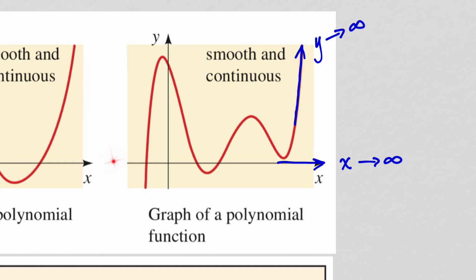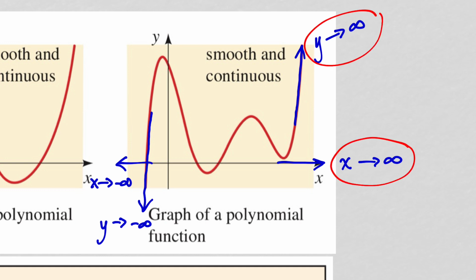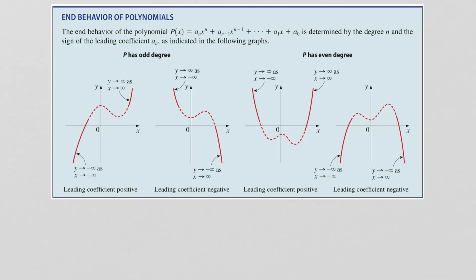But on the other side of the graph over here, as x goes to negative infinity, you'll see that the graph is going down forever. And that means that y is also going to negative infinity. So when we use these kinds of symbols, what we're talking about is describing the end behavior of the polynomial. Let's discuss that in a little bit more detail.